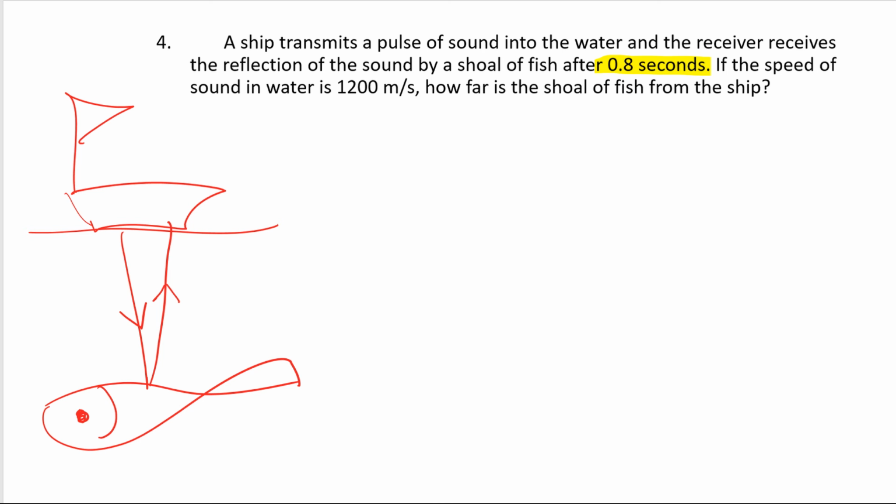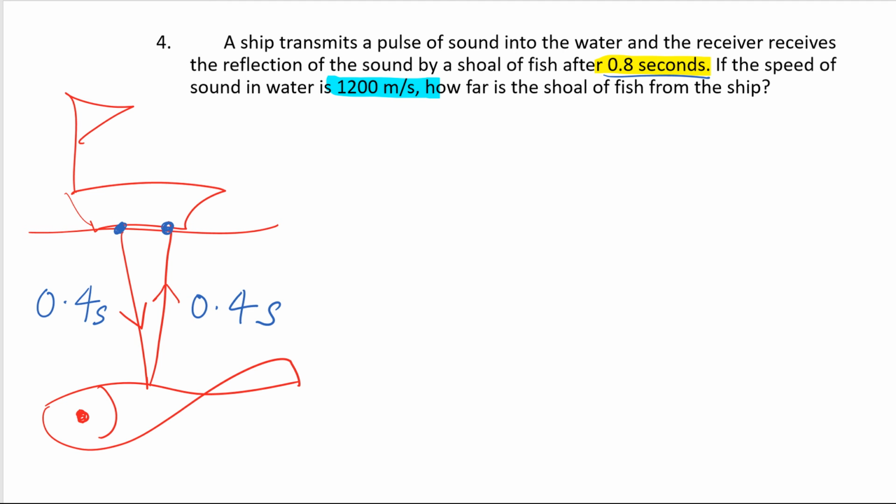0.8 seconds. So if I draw my diagram, I would take note that 0.8 seconds is the time taken from the time I transmit to the time the sound comes back. That is 0.8 seconds, which means each journey is 0.4, right? The speed of sound is given to be 1,200.